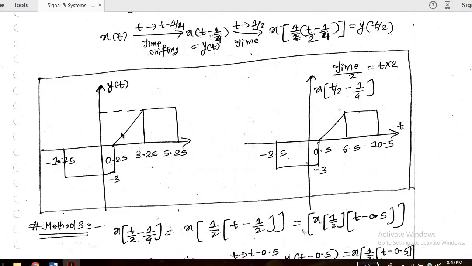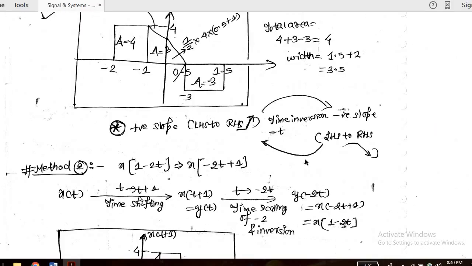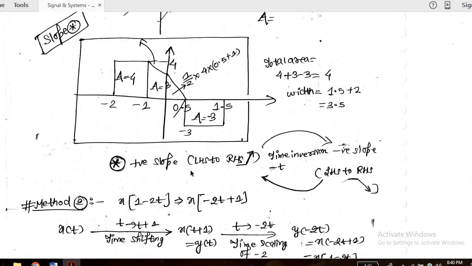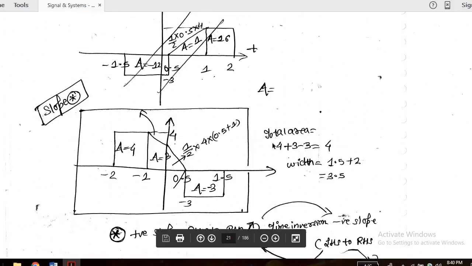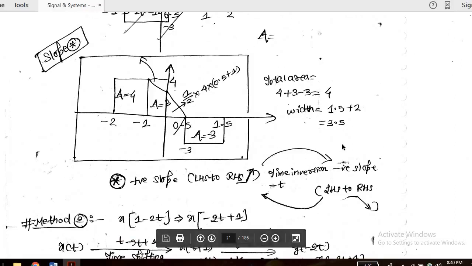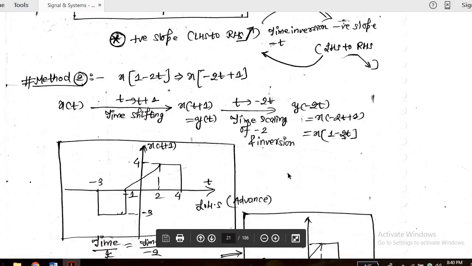Now whenever time inversion is there, this right side comes here, means now the ramp will be in this fashion. So it has negative slope because you have replaced t by minus t, time inversion. That is the reason you are going to have slope inversion. Positive slope in RHS will change to negative slope in LHS, or positive slope in LHS will change to negative slope in RHS.